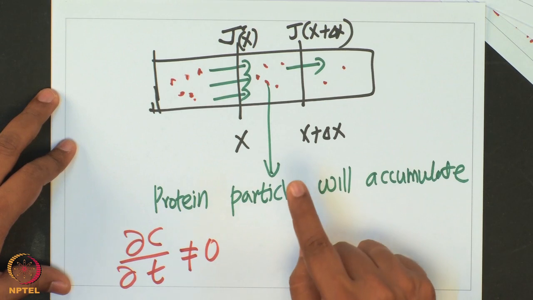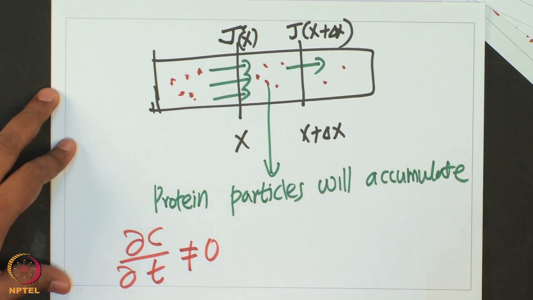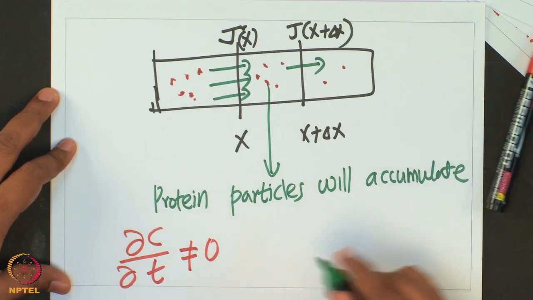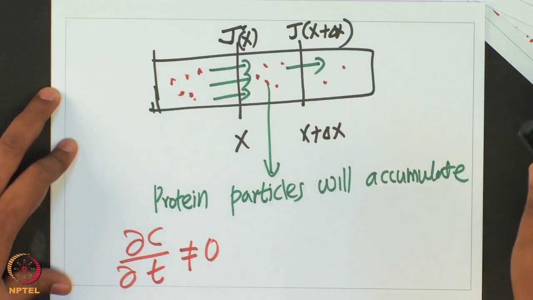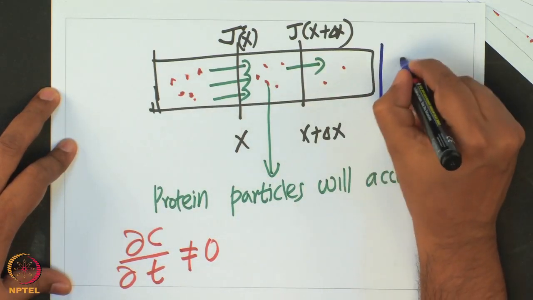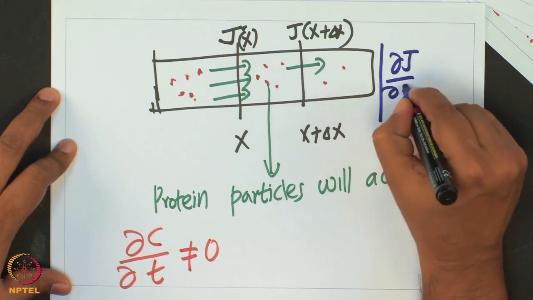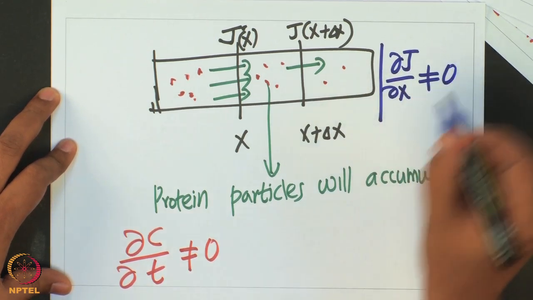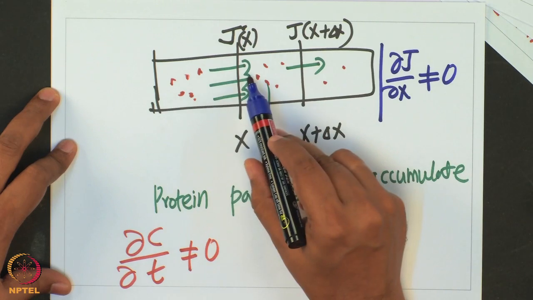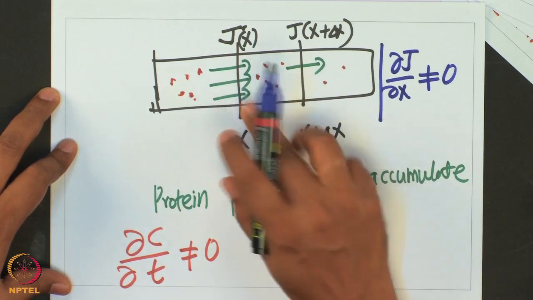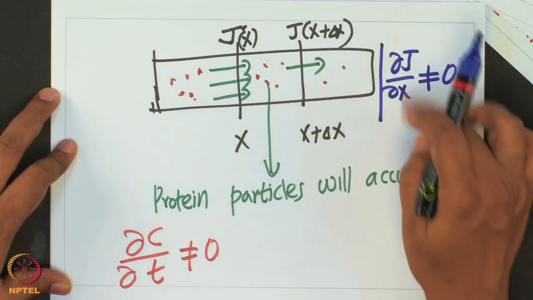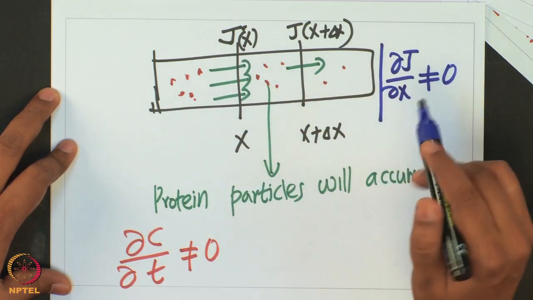What will del C by del T be? And the claim is that del C by del T will be equal to del J by del X. So let us look at del J by del X. This is also not 0 because there is a higher flow here and lower here. So the J changes with X. J is decreasing with X. So del J by del X is negative.